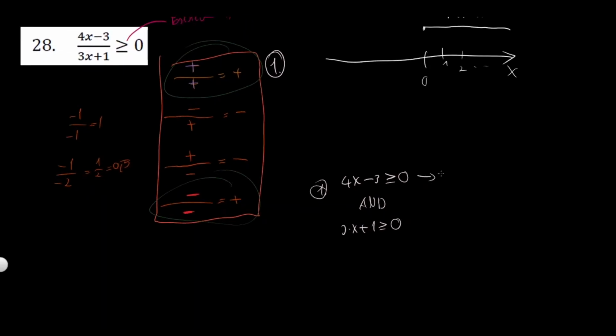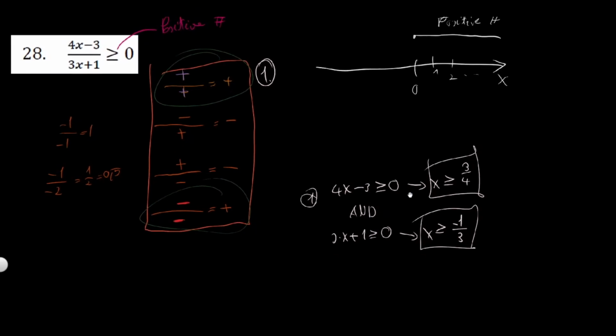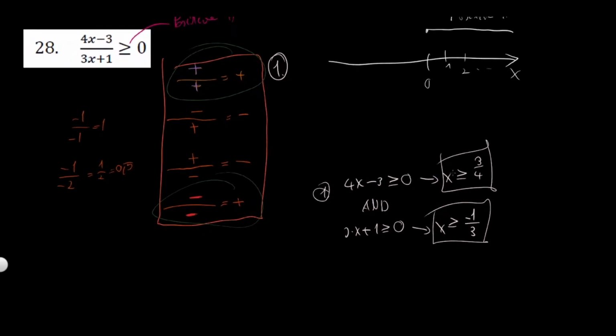And if you solve these, you will get x is greater or equal to 3/4, and here you will get that x is greater or equal than -1/3. So these are the solutions here. So if x is greater or equal than 3/4 and greater than -1/3, that's totally fine.